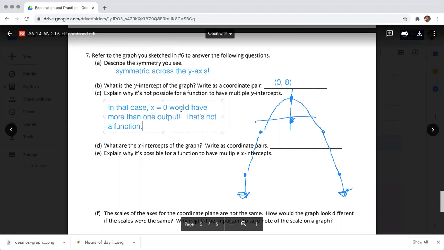The x-intercepts of these graphs, I'm going to go ahead and erase some things here. So let's erase this. But the x-intercepts were, let's see here, they were -2, 0, whoops, and 2, 0. So those were the x-intercepts. Explain why it's possible for a function to have multiple x-intercepts.